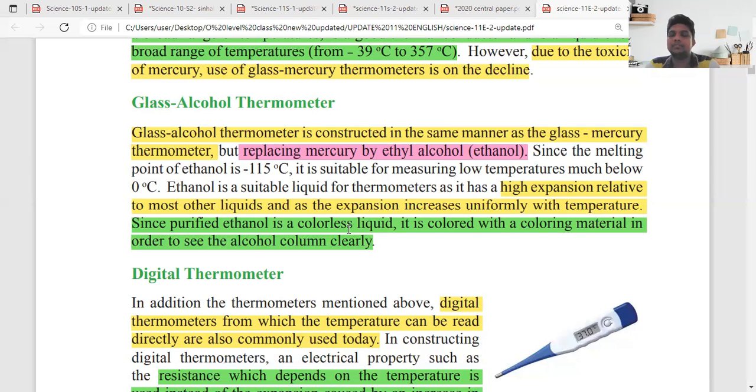The only difference is replacing mercury by ethyl alcohol. Yes, that's it. Okay, next point.